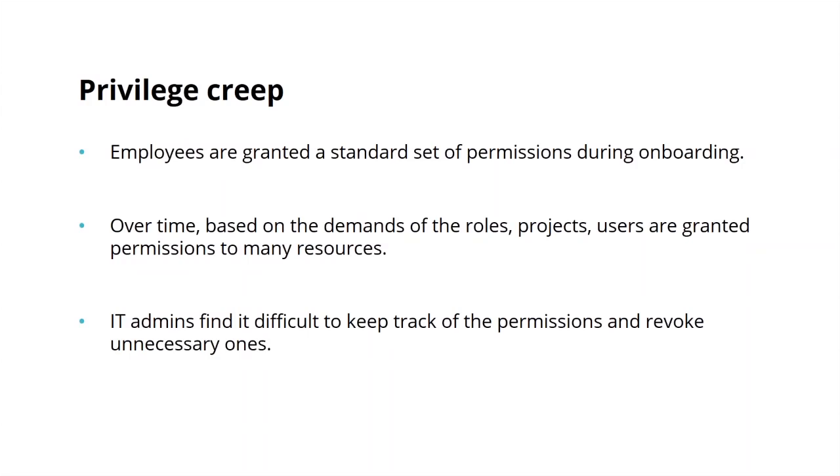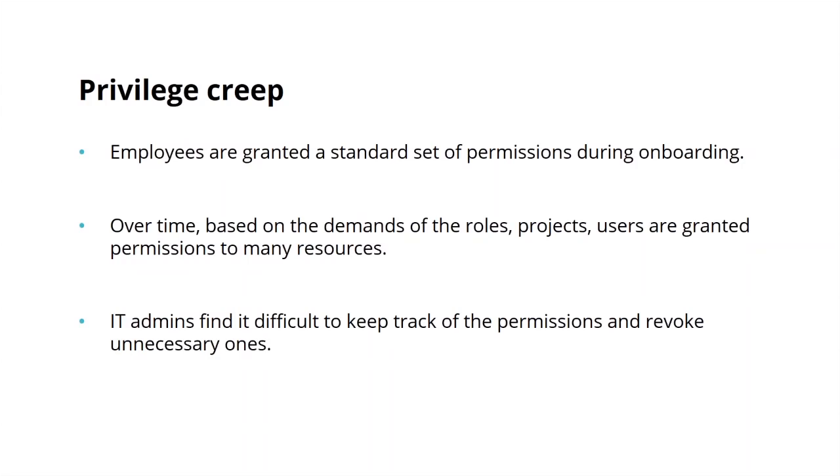Now, coming to privilege creep. When users join the organization, the IT administrators grant them permissions to access certain resources relevant to their job function. Over time, for different tasks or projects, these users might be granted permissions to different resources, and ideally these access rights should be revoked after the task is complete. It's a good practice for IT admins to periodically review all the user access rights by role against a checklist of permissions.